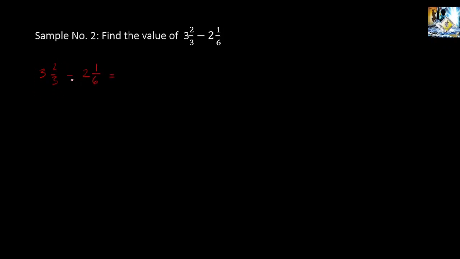We need to break each mixed fraction, since it's in mixed format. Let's deal with our first mixed fraction. That is 3 plus 2/3. Same with the other side. Wait, I think this is negative.